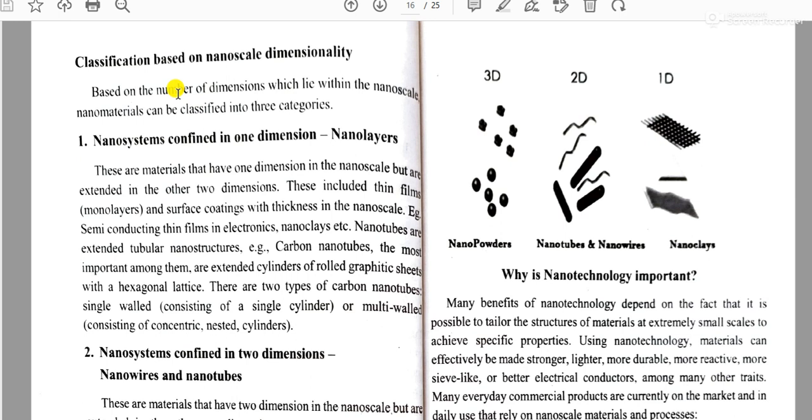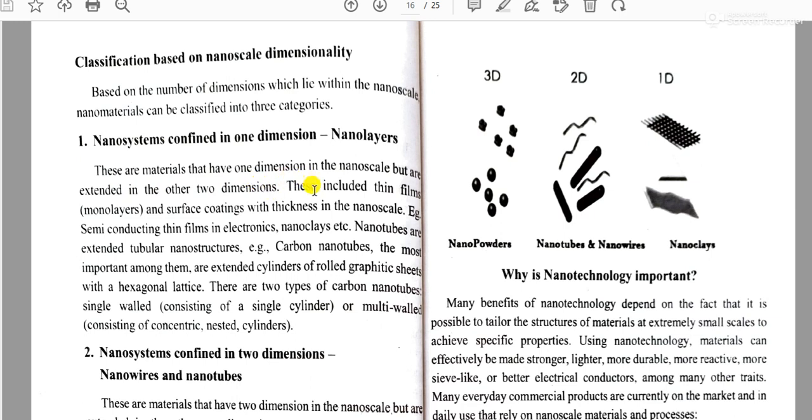Now let us come to your text. Here the classification based on nanoscale dimensionality is given. So based on the number of dimensions which lie within the nanoscale, nanomaterials can be classified into three categories. First is nanosystems confined in one dimension. In these materials, one dimension is in the nanoscale, but they are extended in the other two dimensions.